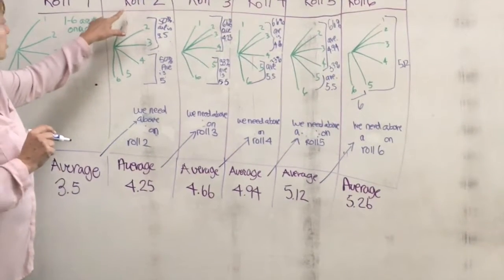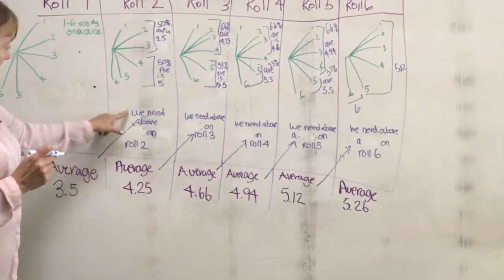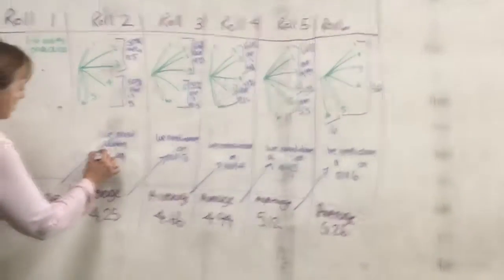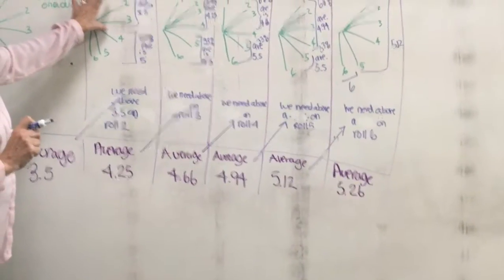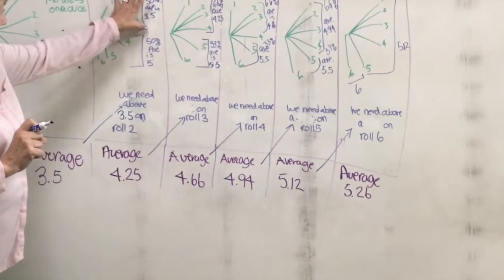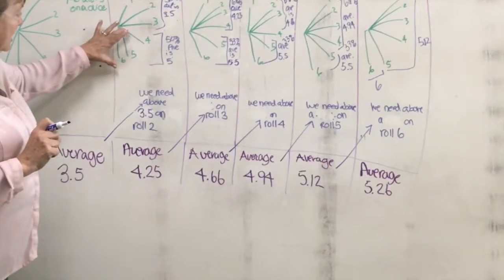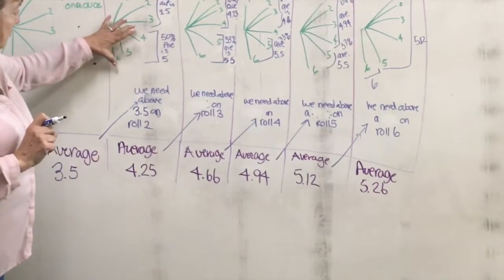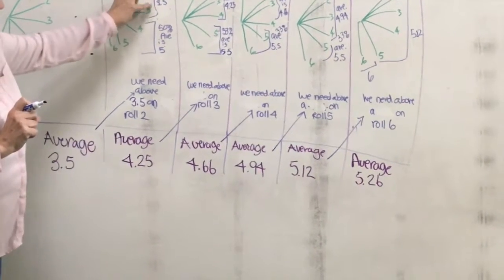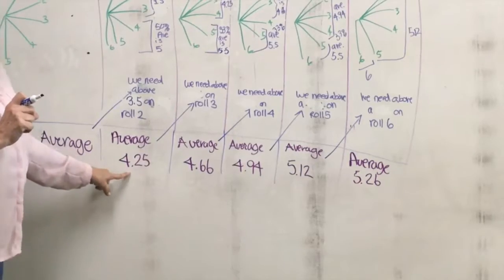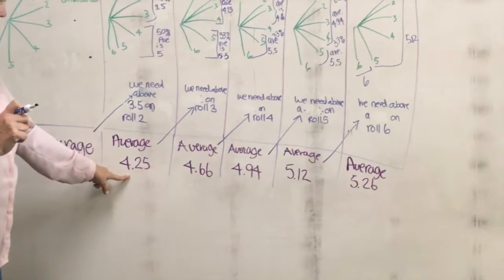On roll 2, we need above a 3.5. The average of 1, 2, and 3 is still 3.5, and the average of 4, 5, and 6 is now 5. When we average these two numbers, we get 4.25.